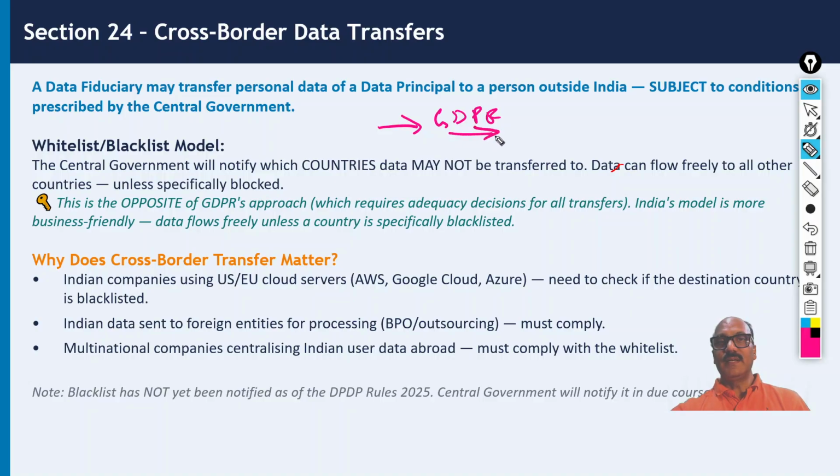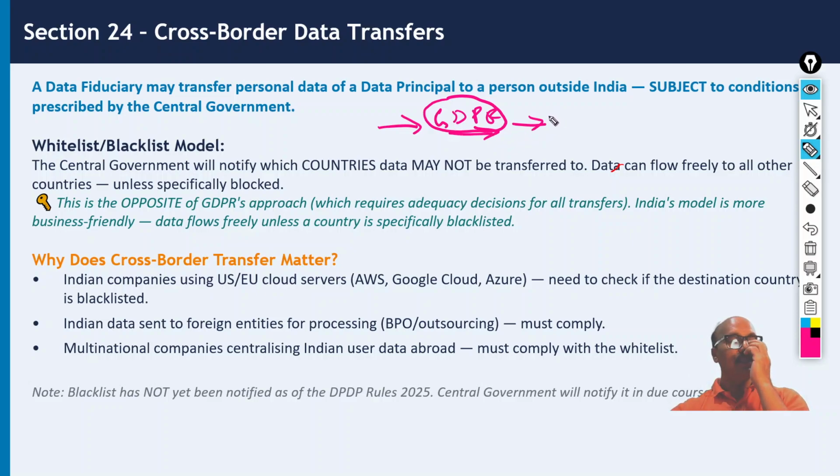For every country the data is moving to from the European countries, each and every individual country will be verified, or adequacy decisions have been taken. Only for those countries does the data flow, because the determination was already made.